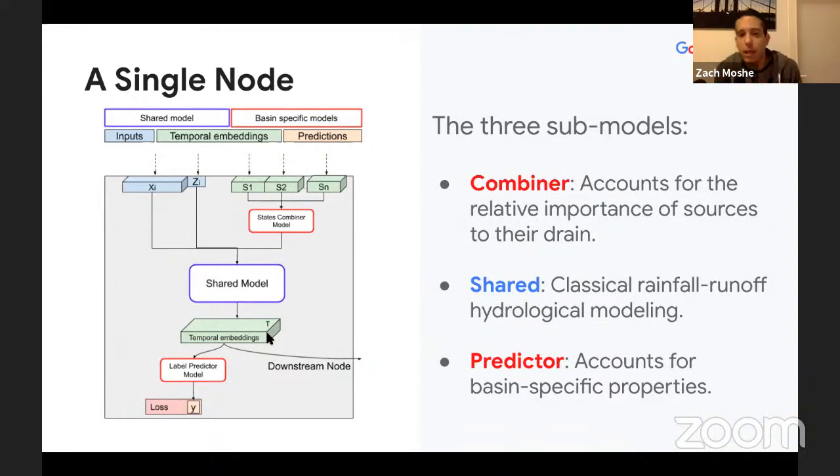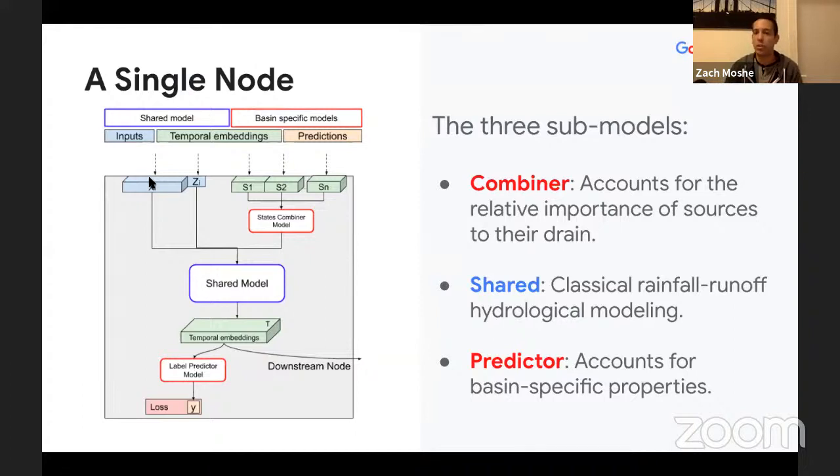So let's look at how the basin does that. This is actually where the shared part of the modeling comes in. The shared model is, again for all the hydrologists in the audience, basically the rainfall-runoff modeling, or at least inspired by it. What we do here is we have the inputs, such as past readings of water levels.